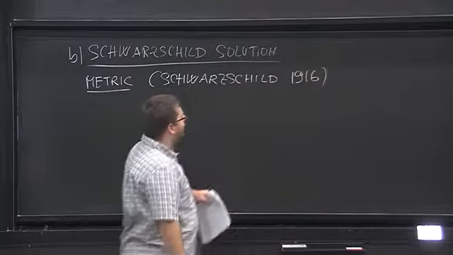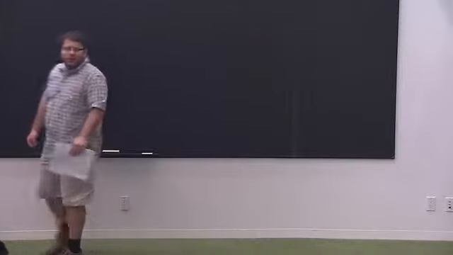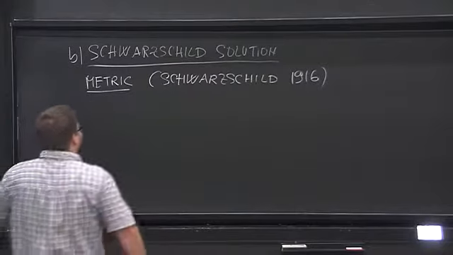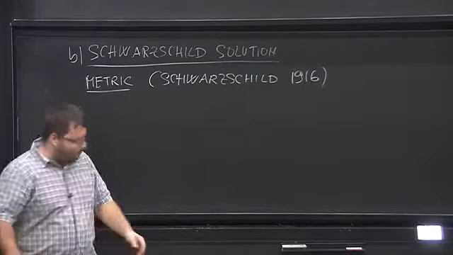So poor guy, he published the solution, and then 1 year later, he died in the First World War. Not in battle. I think he died of illness, but anyway. So he could have done much more.